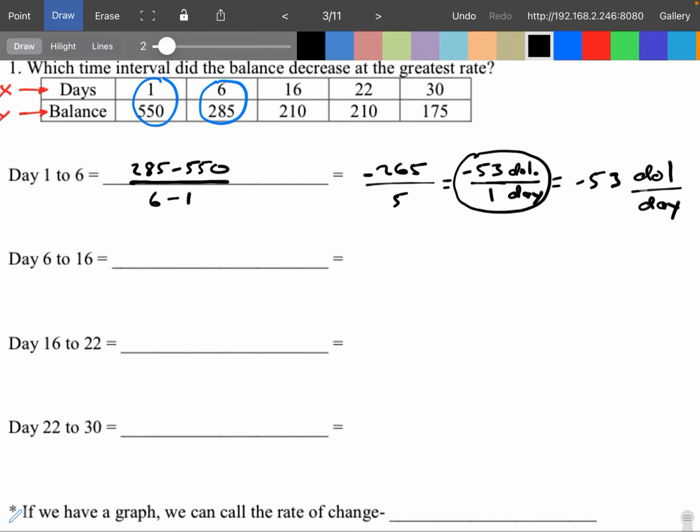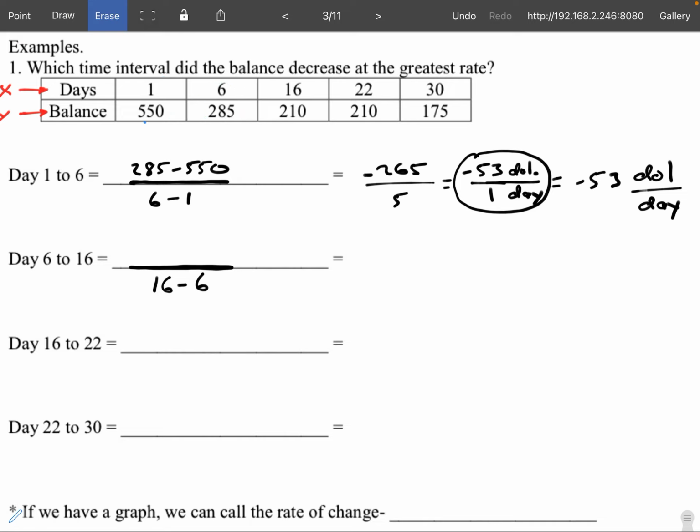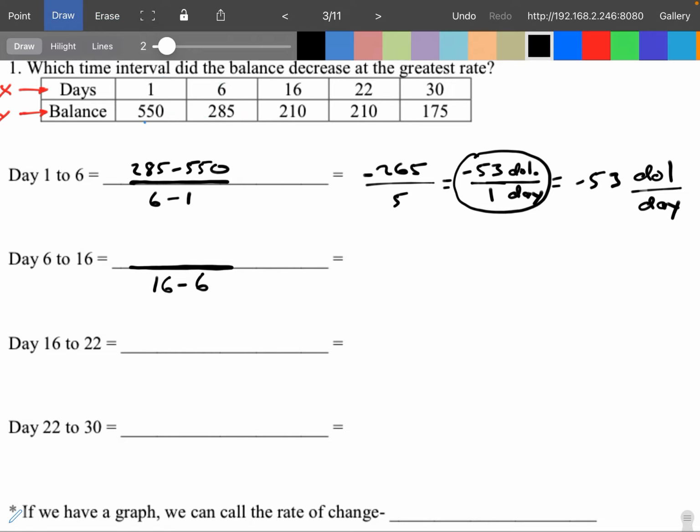So then we've got to do the same thing from day 6 to day 16. Again, we're going to subtract the x's, which are the days. We're going to subtract those on the bottom. So let me zoom in a little bit more. That's going to look like 16 minus 6 on the bottom.